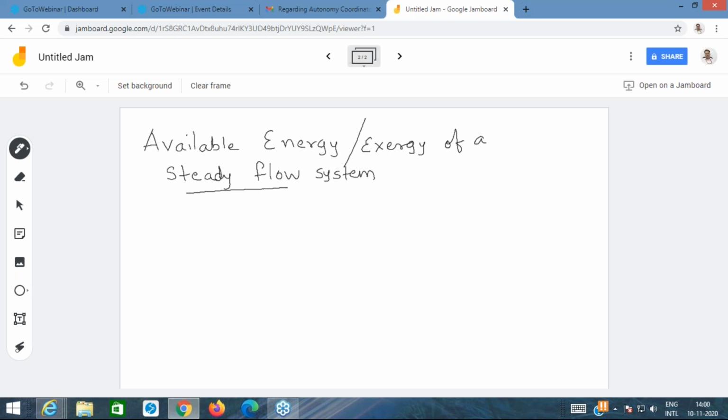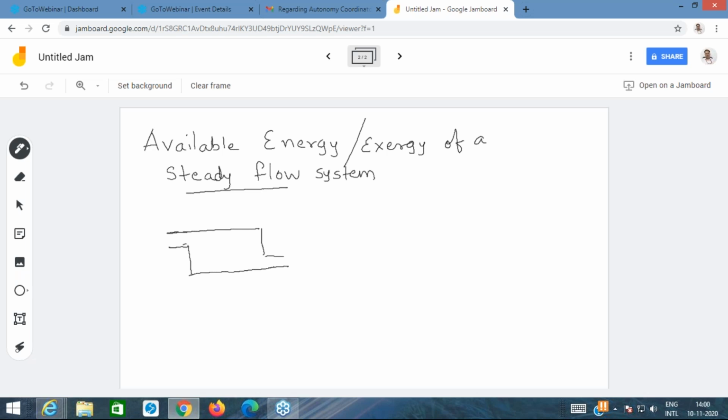Let me tell you what a steady flow system is. You have already derived the expression applying the first law of thermodynamics to a steady flow system. Let us say this is a steady flow system, meaning that it is an open system whose properties remain unchanged with respect to time.